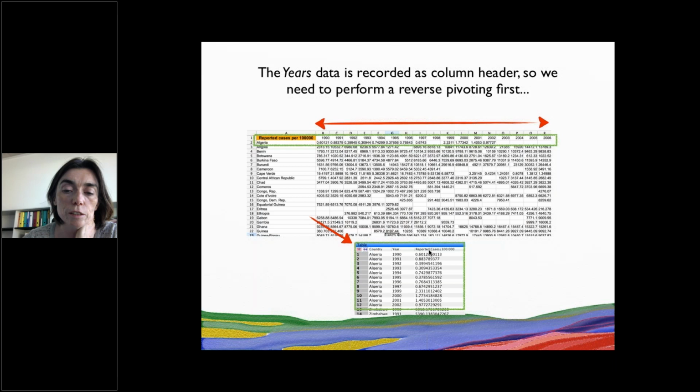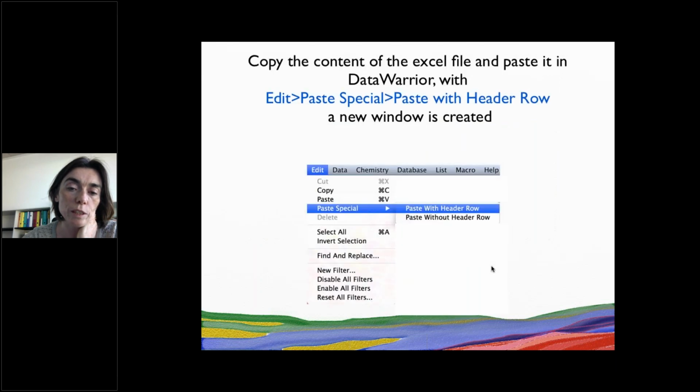So the number of cases of malaria reported per 10,000 people. So in this case, we need to do first a reverse pivoting. First, we will copy the content of these Excel files and paste it into DataWarrior, and then we will perform this reverse pivoting.